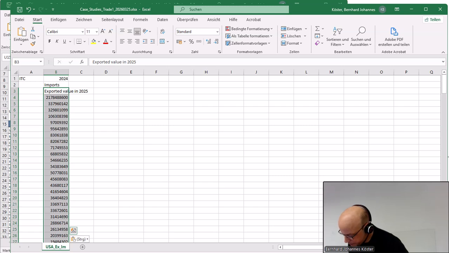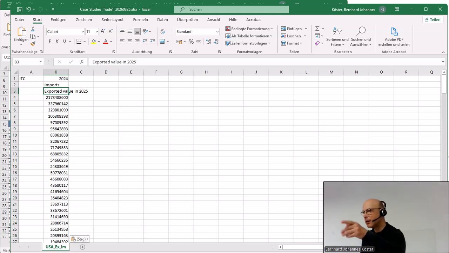So these countries are exporting to the United States, of course. If you change the view from Mexico to the United States, then Mexico is exporting to the United States, but the United States is importing from Mexico.